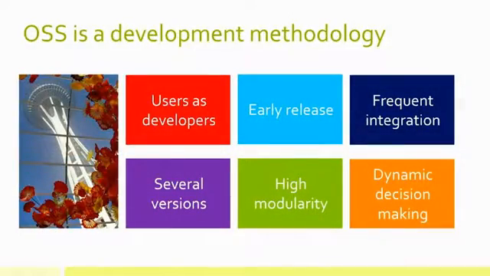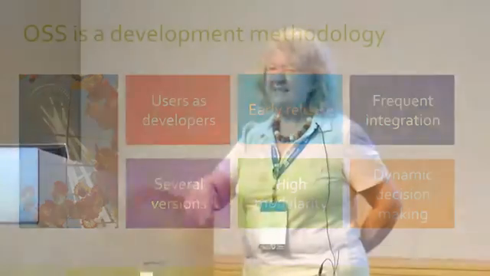So, as we know, OSS is 2 important things. It's many things, but it's a development methodology. And when you bring that to an industrial context, that really disrupts a lot of the way that things were done in the past. So you can read those big blocks, but you can realize that this is not the way that Windows was shipped, you know, with 3-month or even more like a year type of planning.